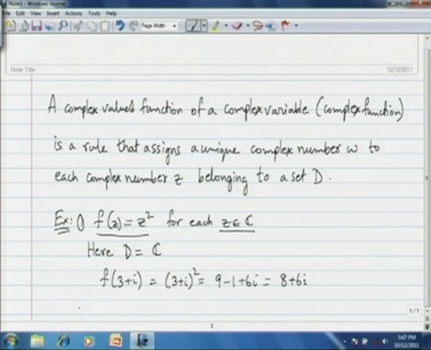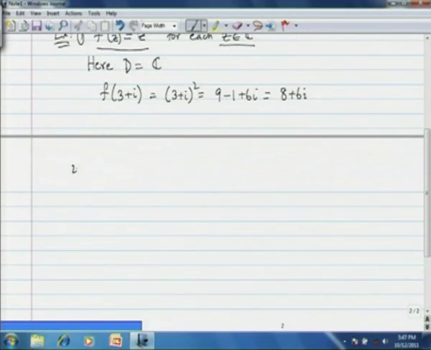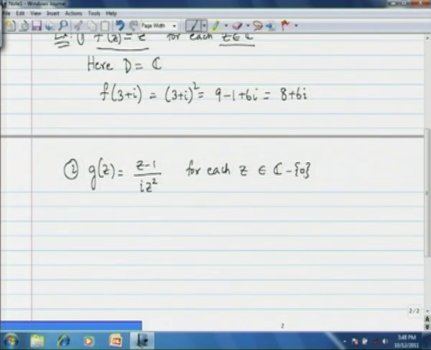Another example can look like g of z equals (z minus 1) divided by i z squared, where this rule is for each z in C minus the set {0}.